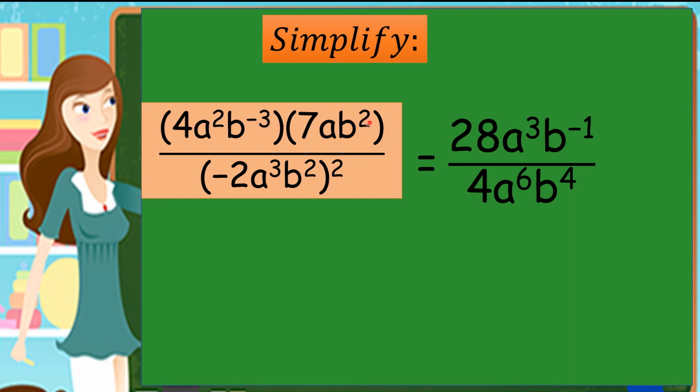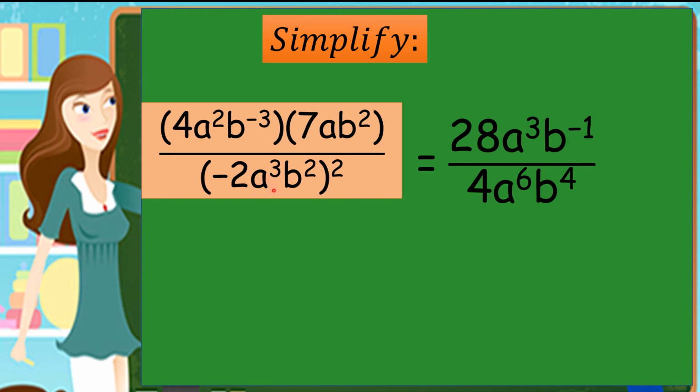So, negative 3 plus 2 is equal to negative 1. And then, ating i-simplify ang nasa denominator, negative 2 squared, kasi meron siyang exponent sa labas. So, ang magiging sagot ay positive 4, kasi negative 2 times negative 2 is positive 4.